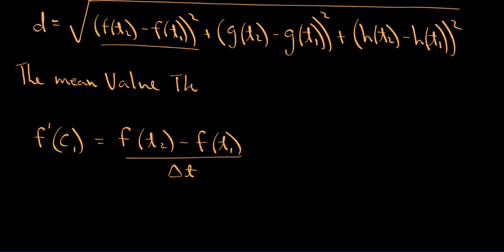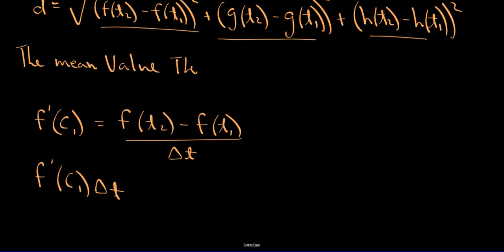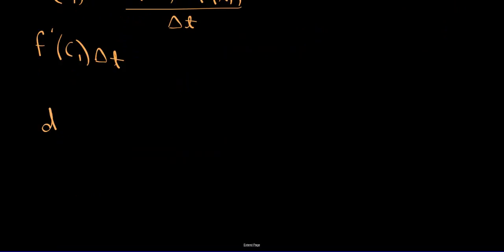Let me multiply this delta t over, and I get f prime of c1 delta t. That means I can replace f of t2 minus f of t1 with f prime of c1 delta t. Similarly, I can do this and this the same way. So we're ready to observe a little coolness here.